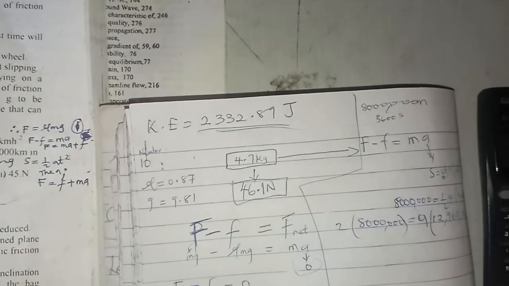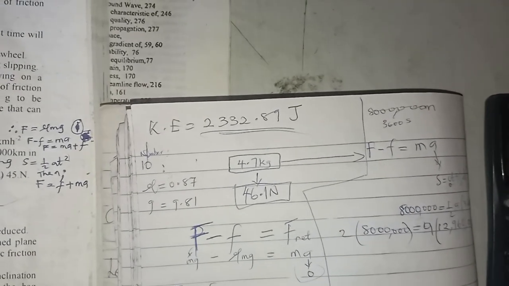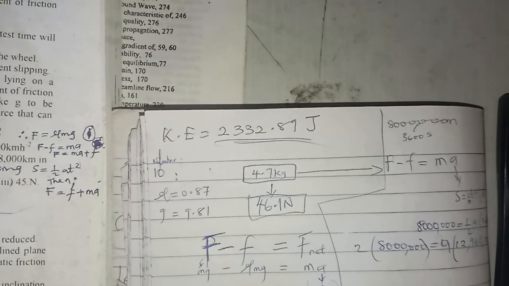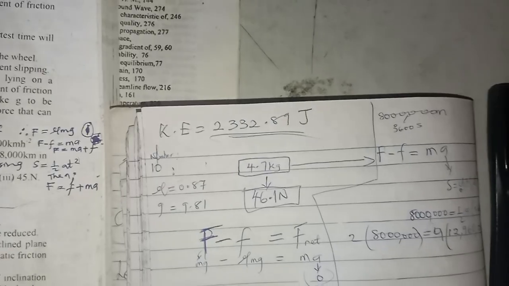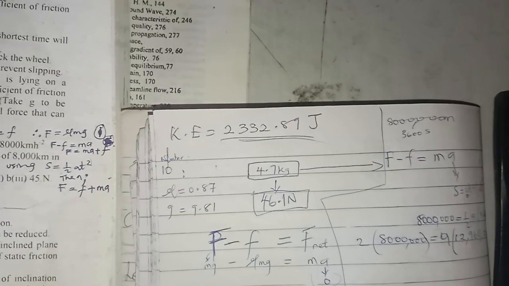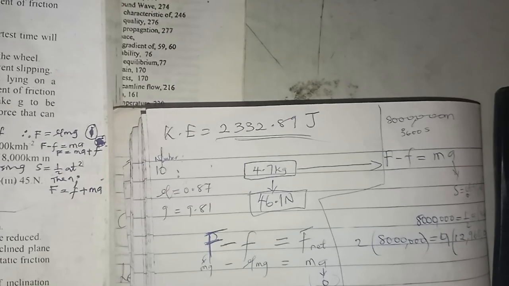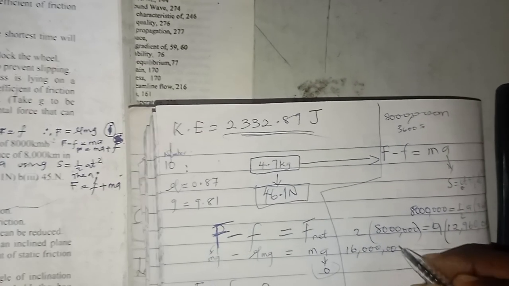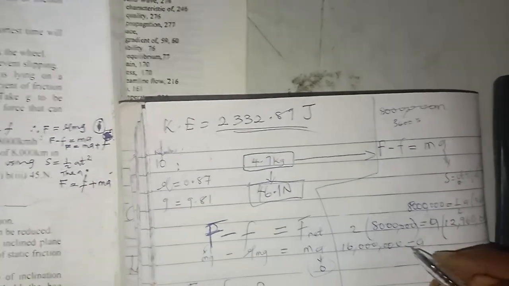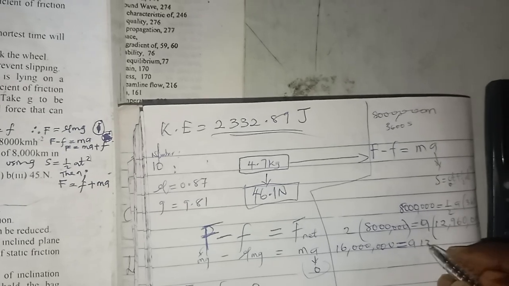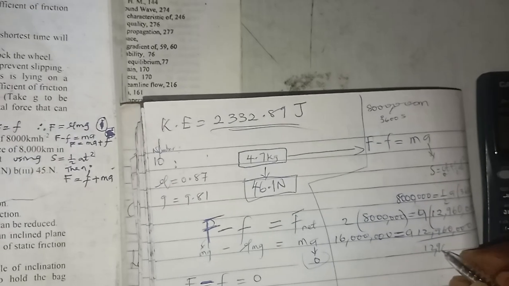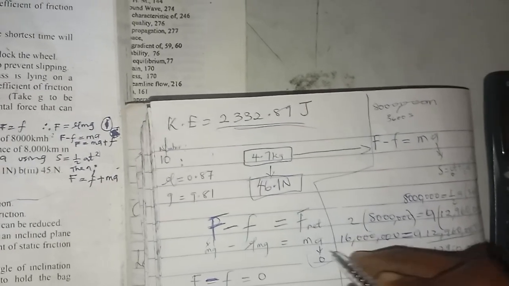So if you times this by 2, 8 million times 2 is 16 million. I just want to be sure, because this textbook is getting me upset. So divide by 12,960,000.